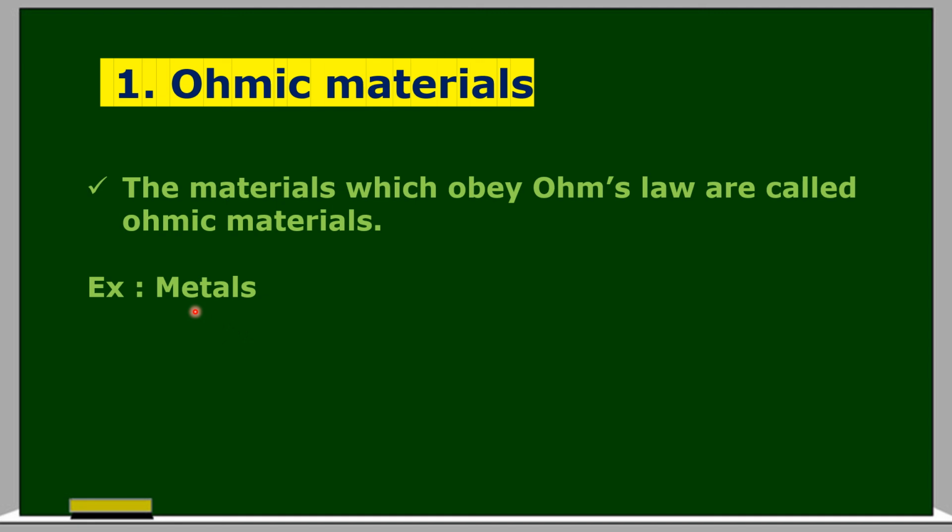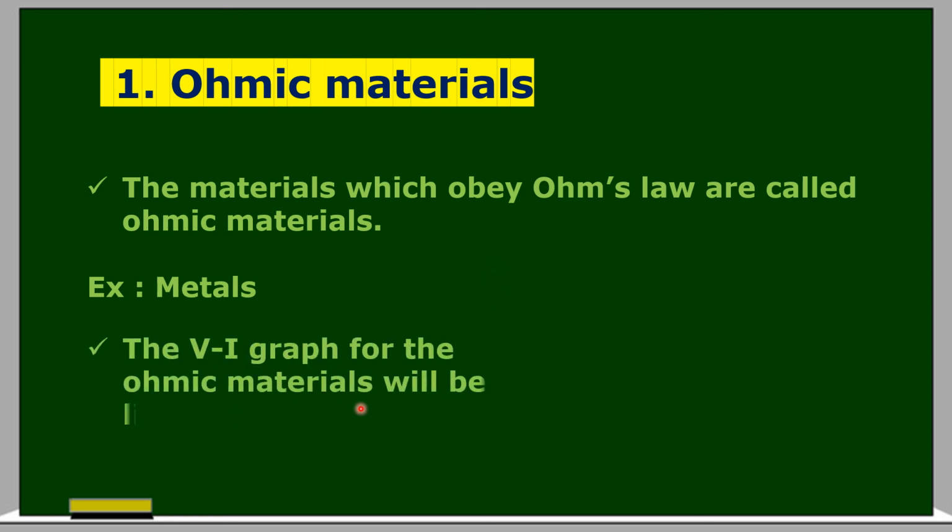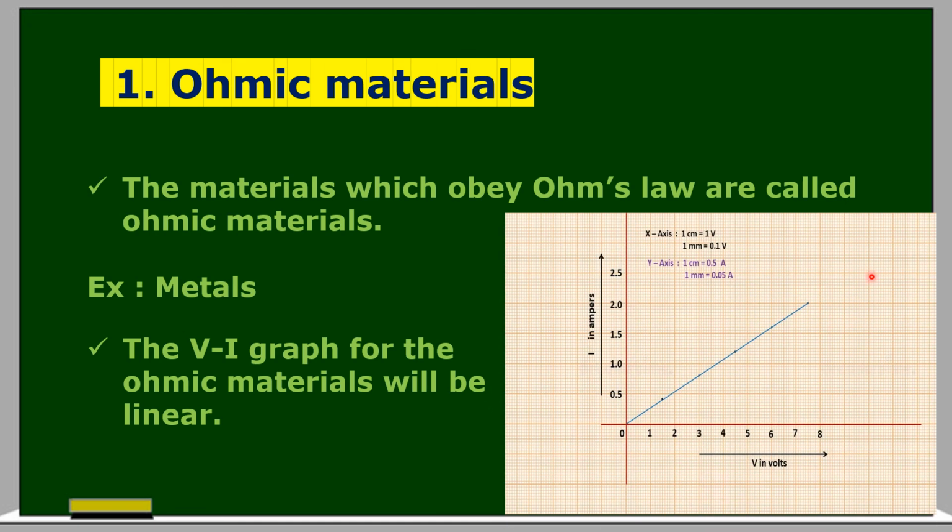That means the VI graph for metals is linear. We get a straight line passing through the origin. See here, the VI graph for ohmic materials will be linear like this.